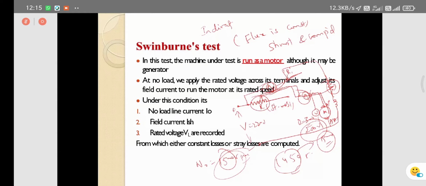We consider the load as fractions, like 1/4 load, 1/2 load, full load. For full load you multiply by one, for half load by one half, and so on.